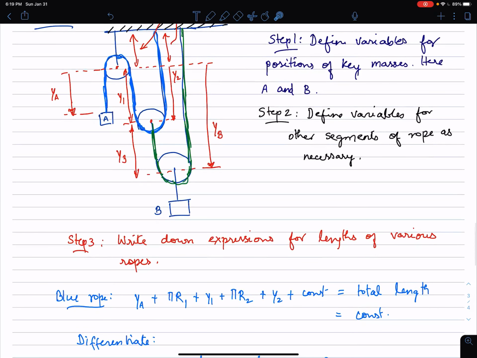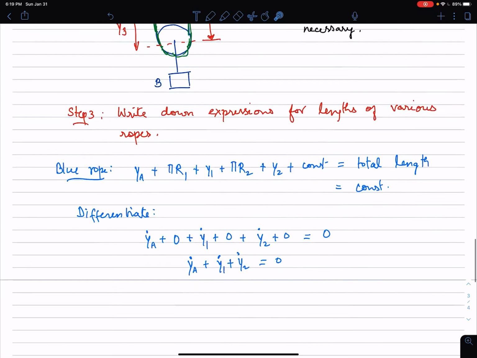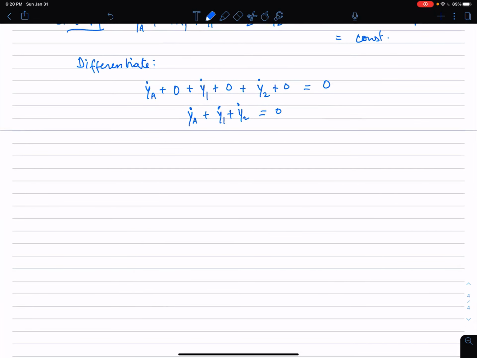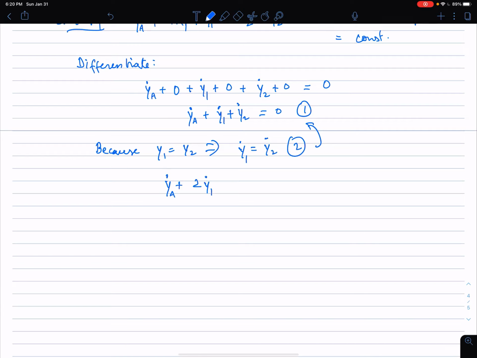Let's call this 1. If you realize that Y1 equals Y2, then you can use that here, because Y1 equals Y2, Y1 dot equals Y2 dot. Let's call this 2. Let's plug that into 1. So we have YA dot plus 2 Y1 dot equal to 0. Let's call that 3.